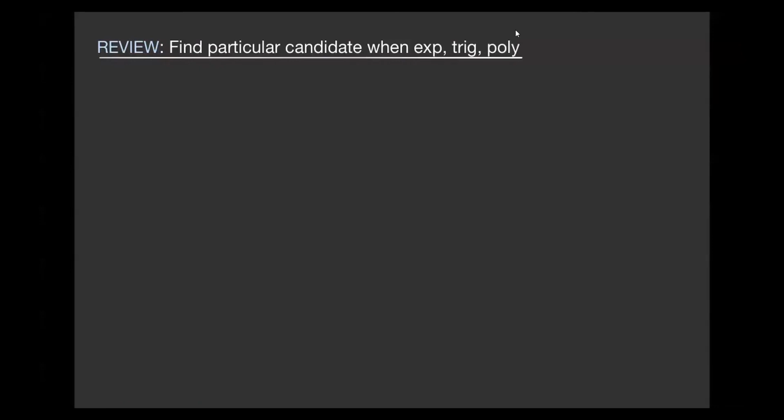So first, a little bit of a review. We have determined particular candidates in specific cases. That is, we've determined what the particular candidates are for the cases of polynomials, for exponentials, and then finally for trig.